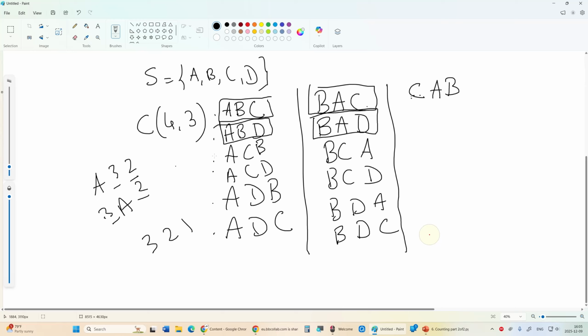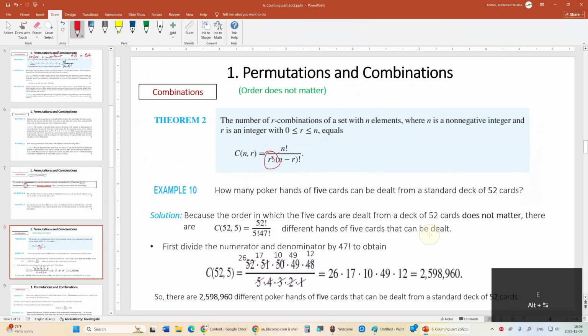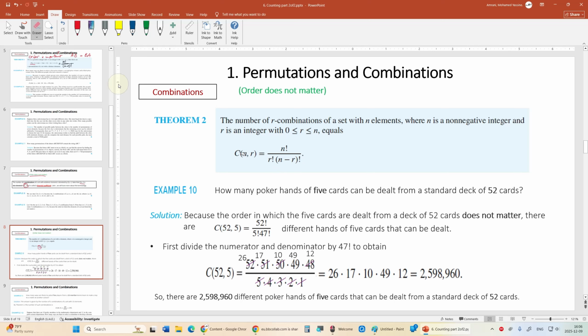You have these 3 ABCs too. That is the 3 factorial. So this is what we use, this r factorial, when we would like to do these combinations. So that's the point I wanted to make.